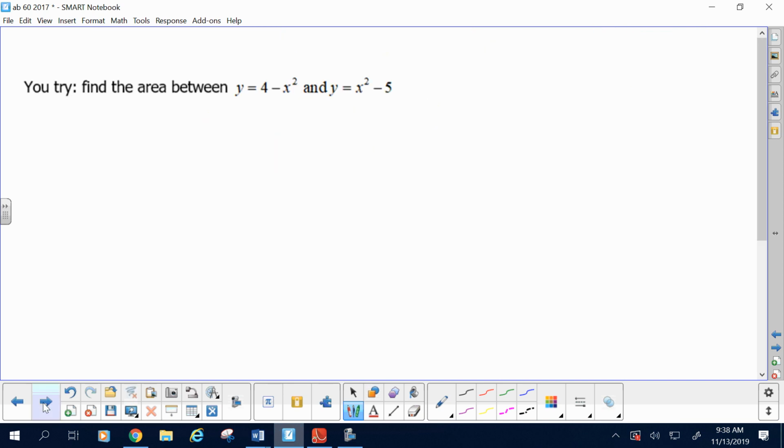All right, try one on your own. Find the area between. I'm going to change this a little so it's cleaner. Would you change this to just x squared? Is that going to make your life easier? No, that's not good.